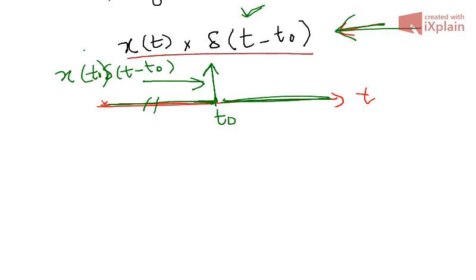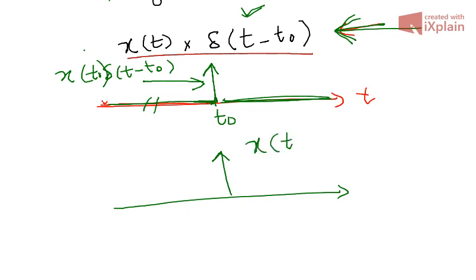If you multiply the signal x of t with delta of t minus t naught, you basically get an impulse which is scaled by x of t naught, delta of t minus t naught, right? You are actually sampling x of t at instant t naught wherever this impulse function occurs.